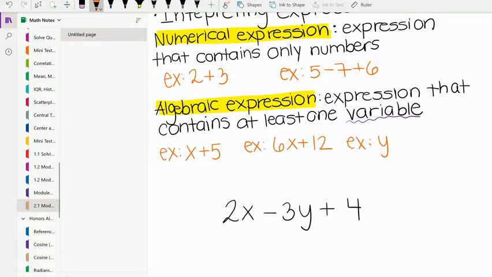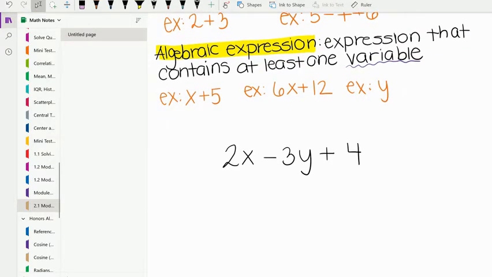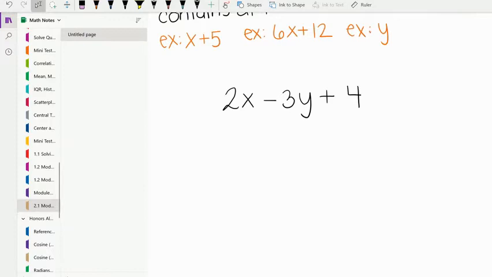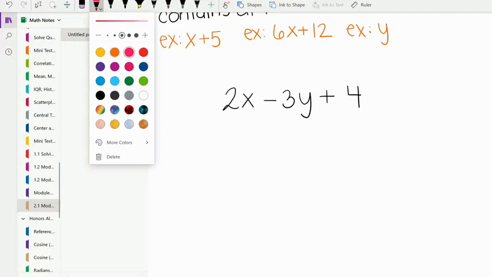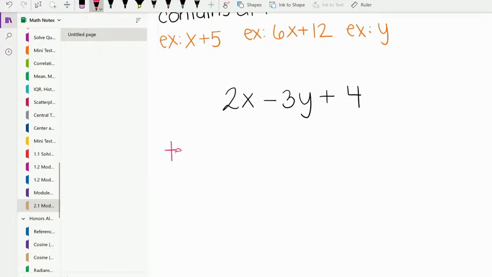Okay, this next part, it might be helpful if you have some colored pens to use, because I'm going to be color coding this. Here we have an expression. We would call this an algebraic expression because it has at least one variable. We're going to look at some vocabulary words. The first word is terms.